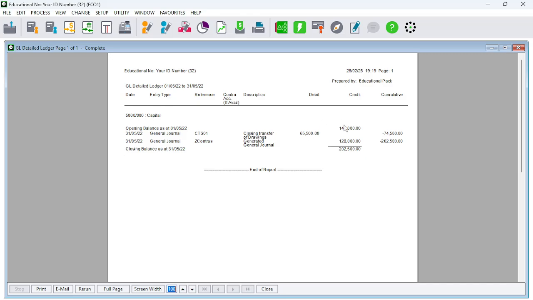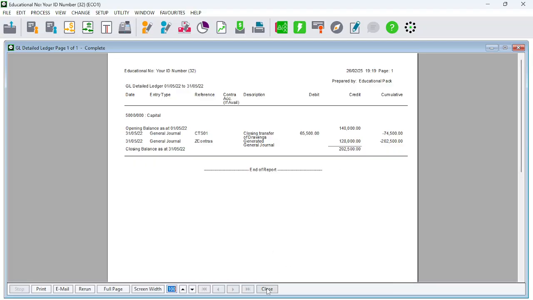Now, if you recall, we had an opening balance of capital, and we then put some movements, which was the transfer of drawings, and that's about all. We now can close this account. This is your retained income. We then can close it.